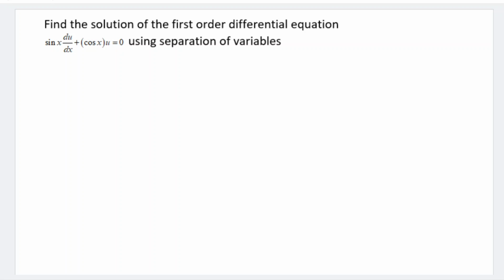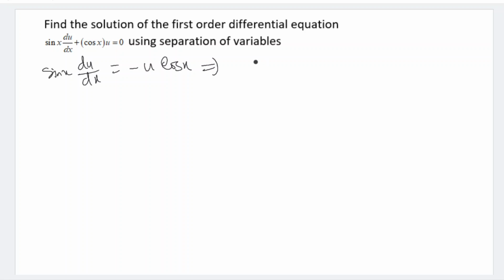So now we will discuss sin x du/dx plus cos x u equals 0. We'll solve this problem using the separation of variables method. You can see here u is the dependent variable, x is the independent variable. So when we rewrite this equation, sin x du/dx equals minus u cos x.